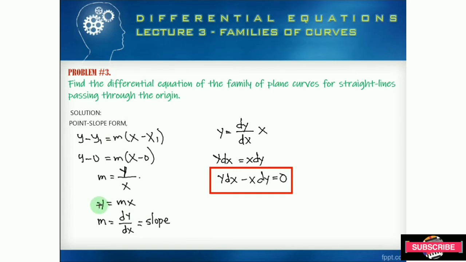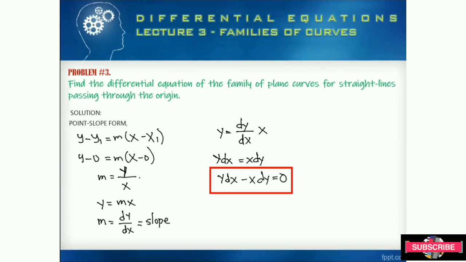That's why we are using y equal to mx, where our m is simply dy over dx, and then we can arrive at the differential equation for this family of plane curves for straight lines passing through the origin. It is as simple as this.